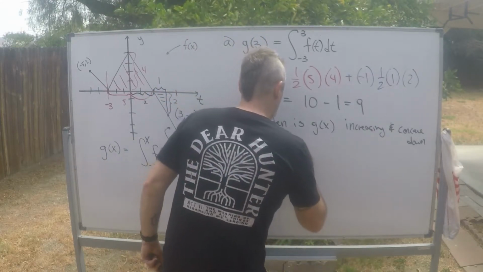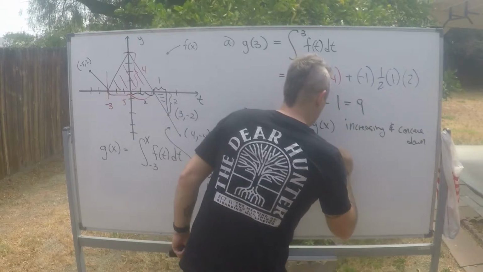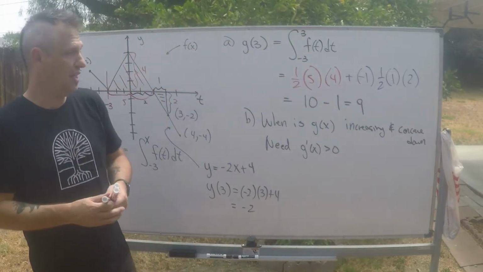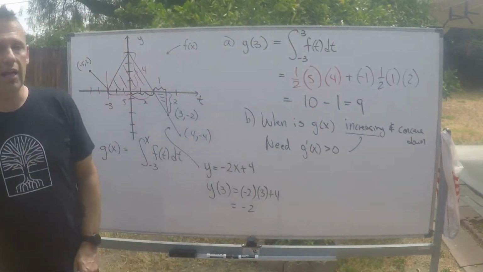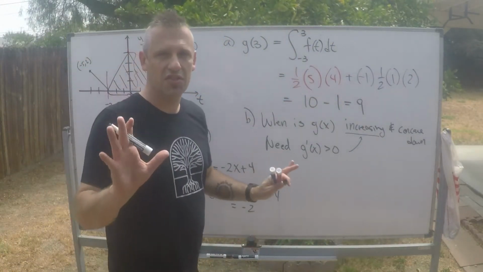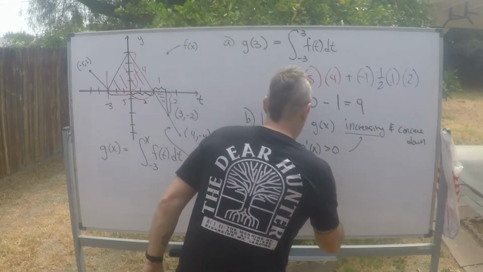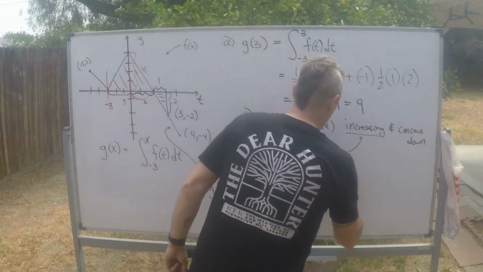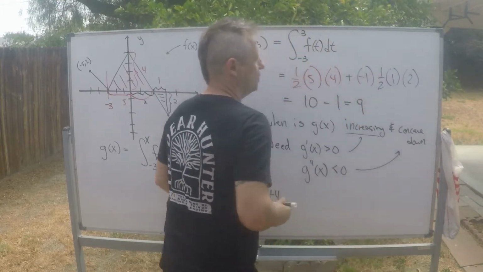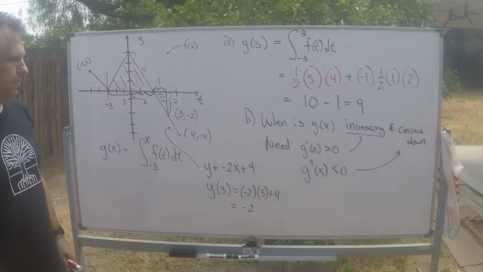We need g prime of x to be positive. This gives us the increasing part. And the second derivative's job, the sign of the second derivative, tells us about the concavity of the function. So we need g double prime of x to be negative. This gives us the concave down part.